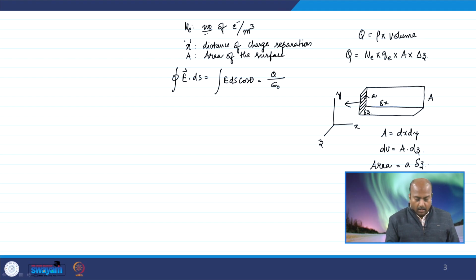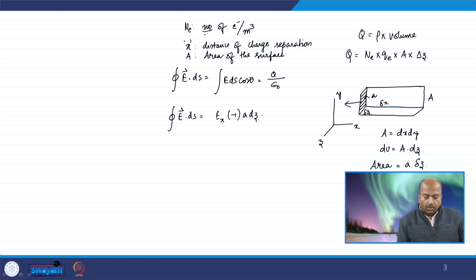Okay. So we can write integral E dot ds as Ex, since the angle is 180 degrees, Ex times minus 1 small a dz. Or we can substitute what we know.